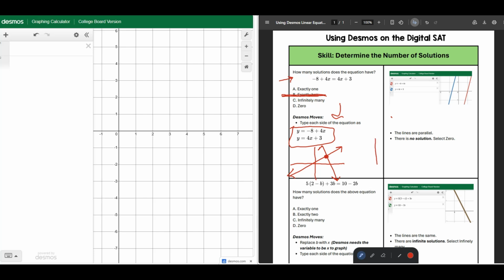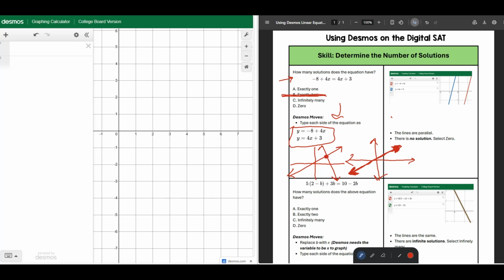Another thing that will happen when you graph the left side and the right side is that you will end up with the same line. So that means one line will be graphed directly on top of the other line. And what this gives you is your infinitely many solutions.